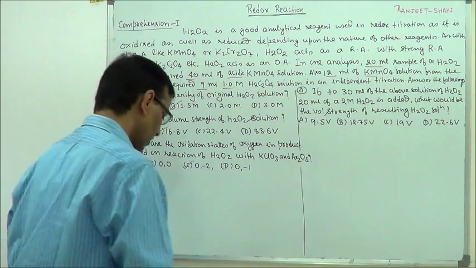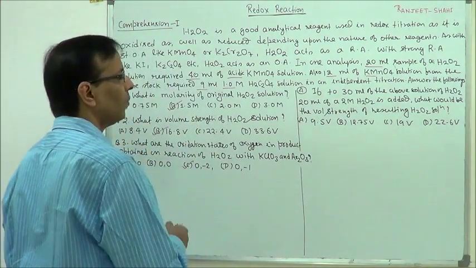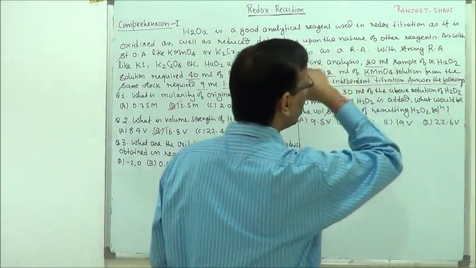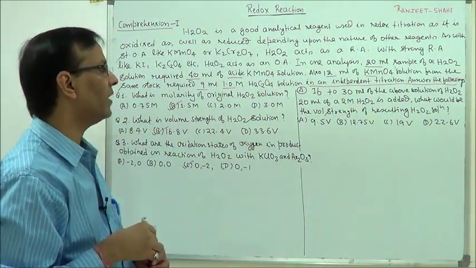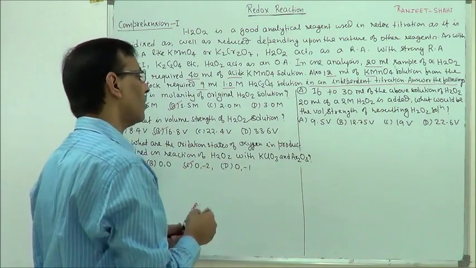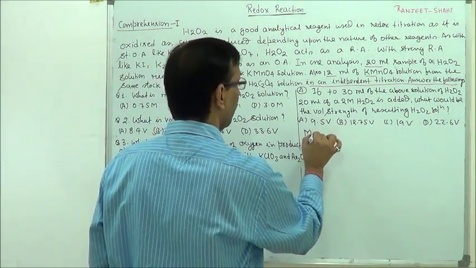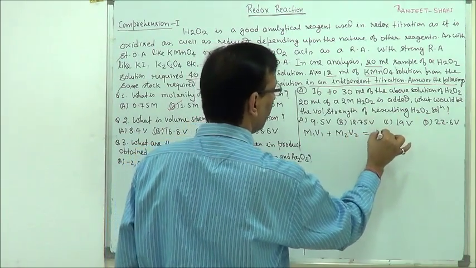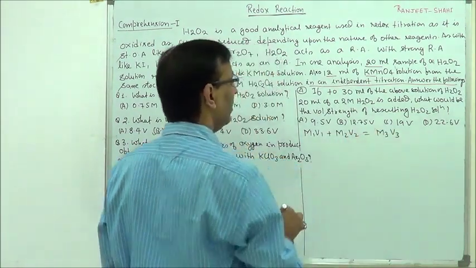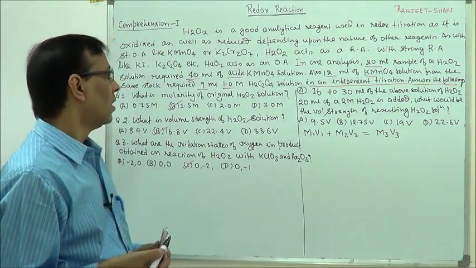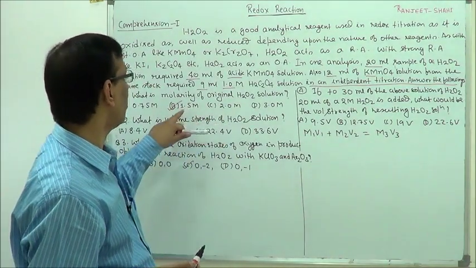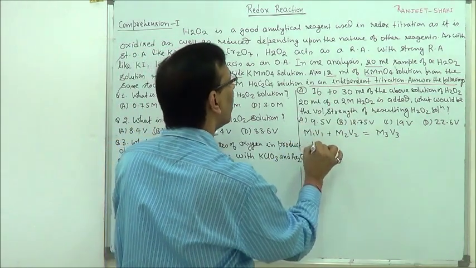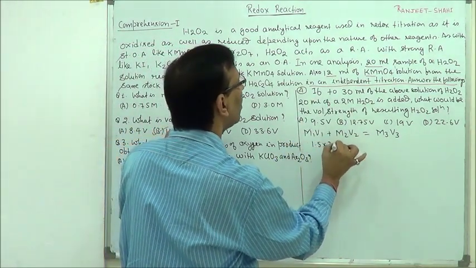We'll apply the mixing formula here to find the molarity of the final solution first, M1V1 plus M2V2 is equal to M3V3. Original solution has molarity 1.5 and volume taken is 30, so 1.5 into 30.